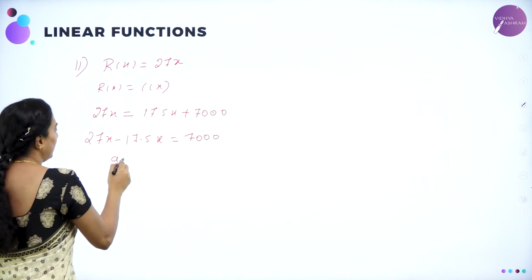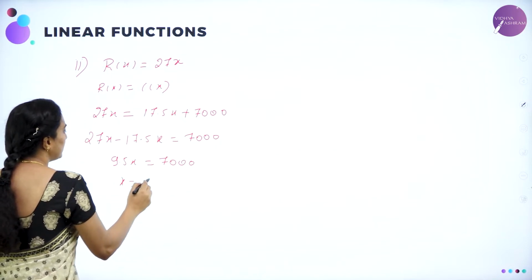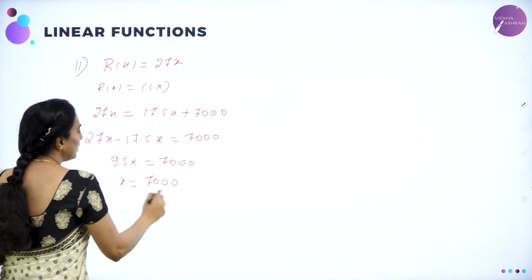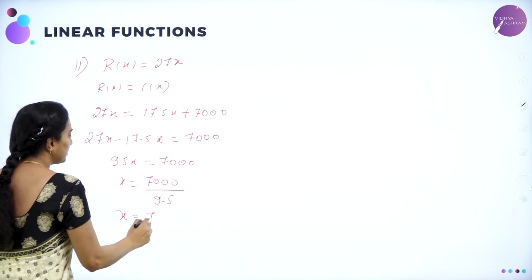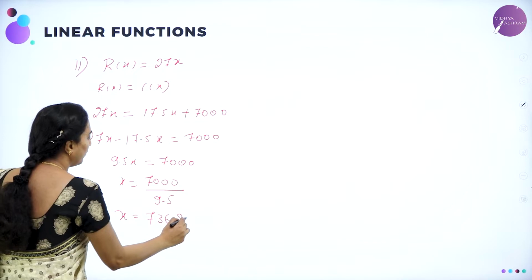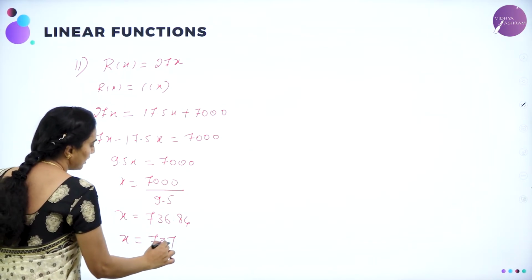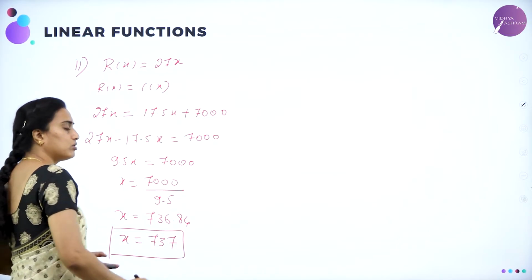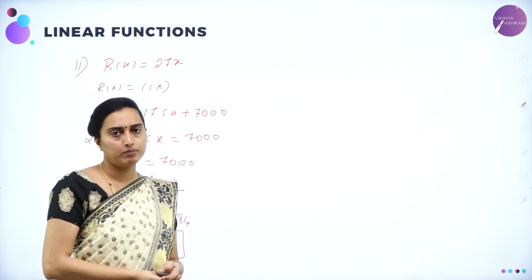Otherwise, 9.5x is equal to 7000, or x will be equal to 7000 divided by 9.5. Otherwise, x will be equal to 736.84. If you round this off, x will be equal to 737. That's it. So each product will have 737 per unit.